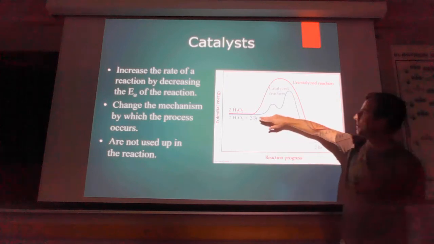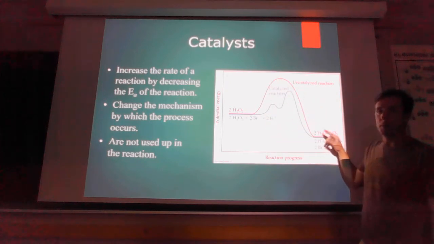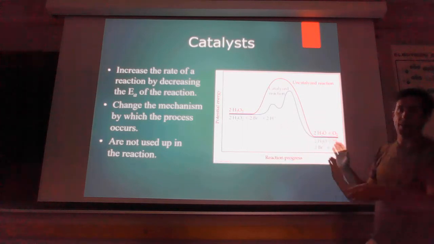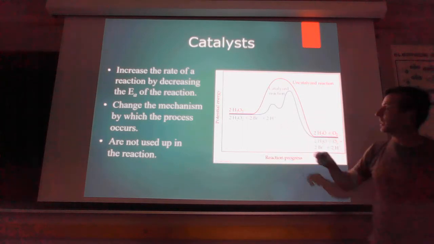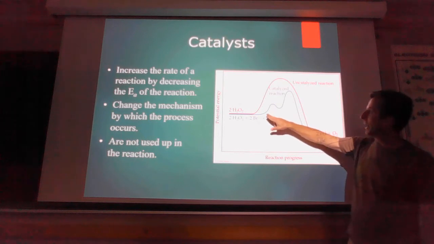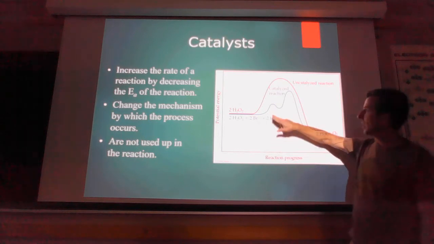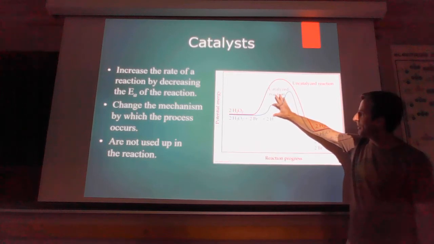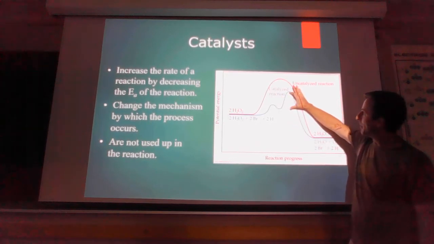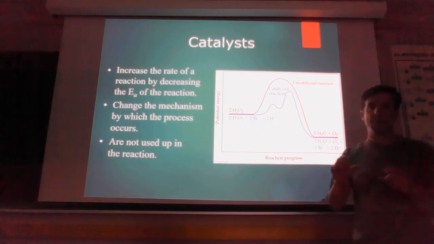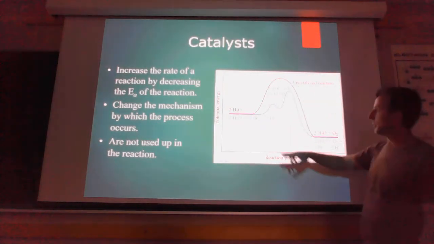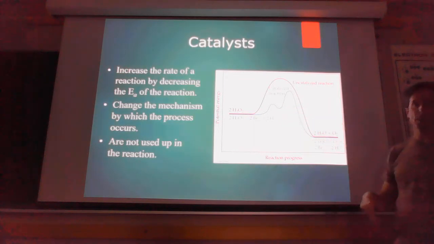And instead of it happening in one big step, when I add HBr, if this graph is accurate, I don't actually know that it is, but I assume it is, my hydrogen peroxide is going to break down in 2 smaller steps, where the activation energy of the first step is here, the activation energy of the second step is here. Both of those activation energies are a lot smaller than the original one, so the reaction's going to be able to get through those 2 steps pretty quickly.